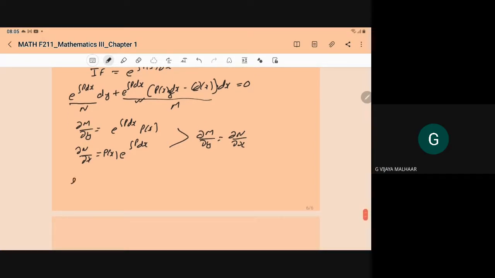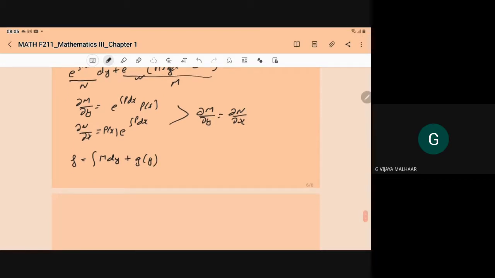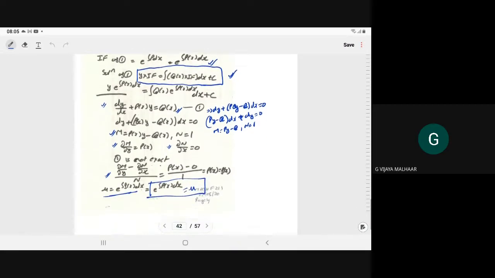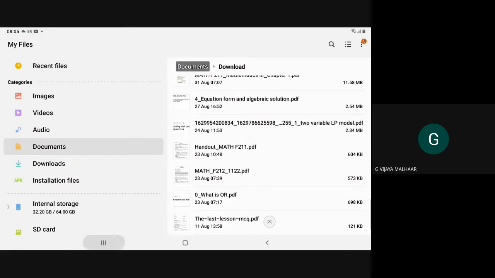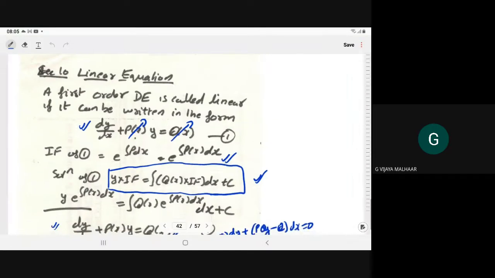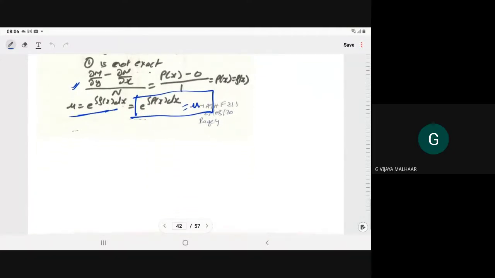So for the exact equation, we know that the solution is the integral of M dx plus g(y). Here we have computed the integrating factor.